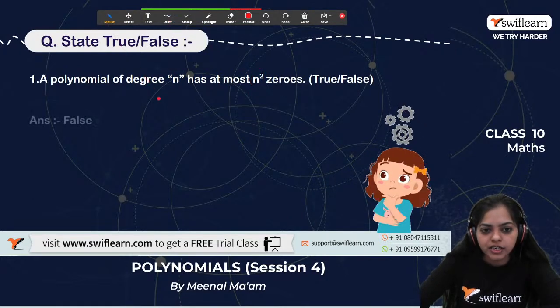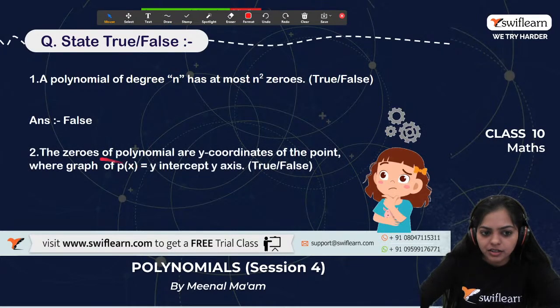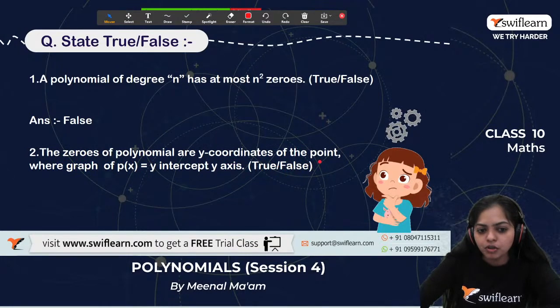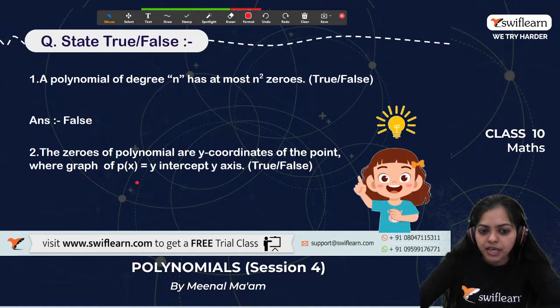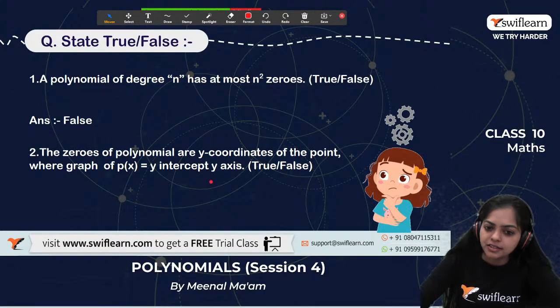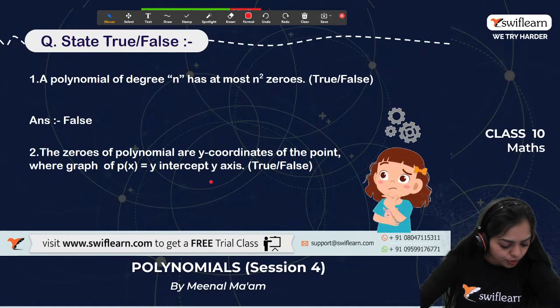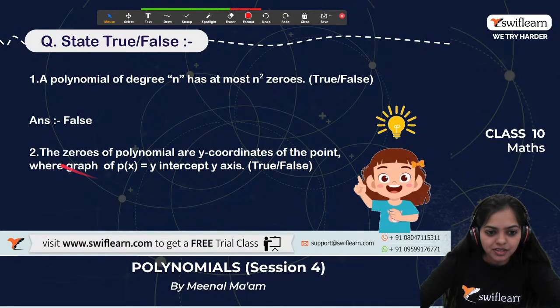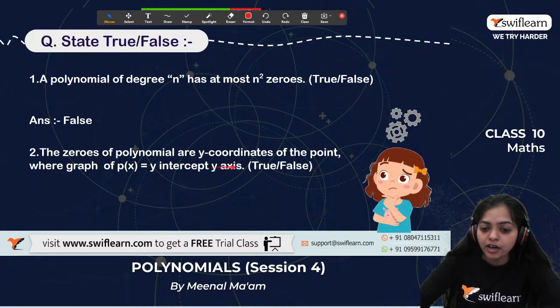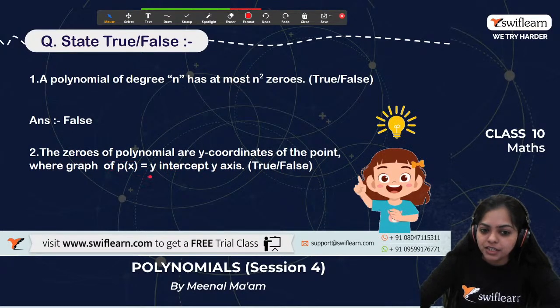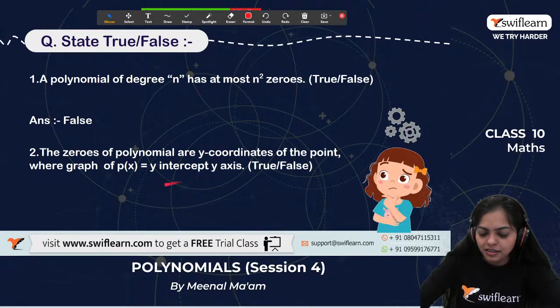Let's move on to the second question. And here's the second question. The zeros of a polynomial are the y coordinates of the point where the graph p(x) equals y intersects the y-axis. What do you all say? True or false? The zeros of a polynomial are the y coordinates of the point where the graph p(x) equals y intersects the y-axis.